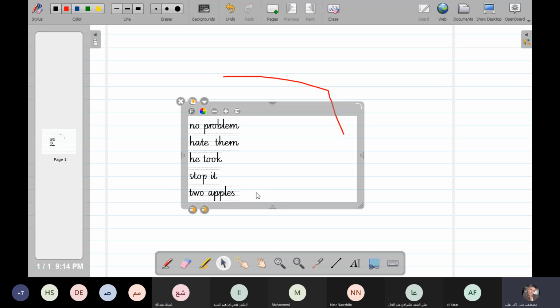It would be so difficult to produce them in this way. So we add the "w" sound: "two wapples". This is the difference: intruding something. Here we put a sound in the middle, which is why it's called intrusion, an insertion process.